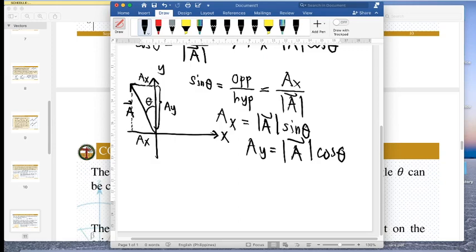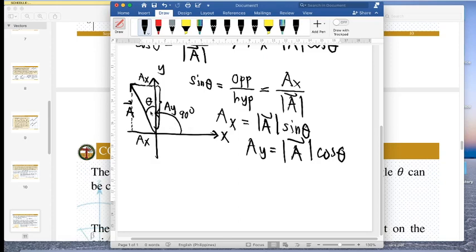So we can shift your theta here. I will start from the positive x-axis, tapos mag-rotate ako ng counterclockwise. So that is equal to 90 degrees. Okay, 'di ba? So therefore, itong 90 degrees mo, i-add mo sa theta mo.